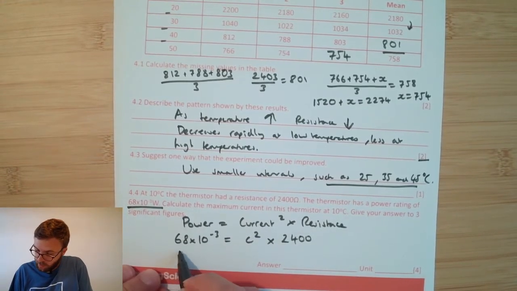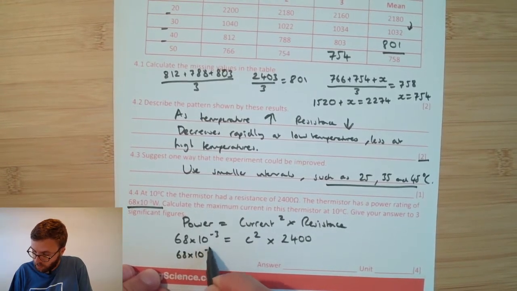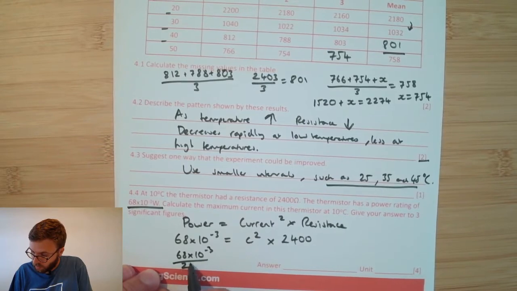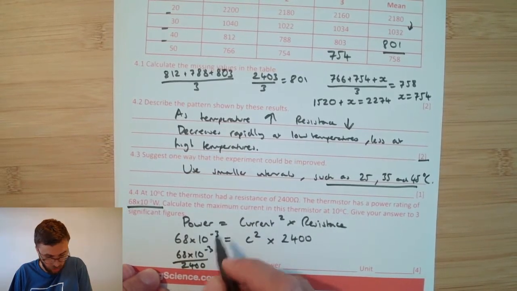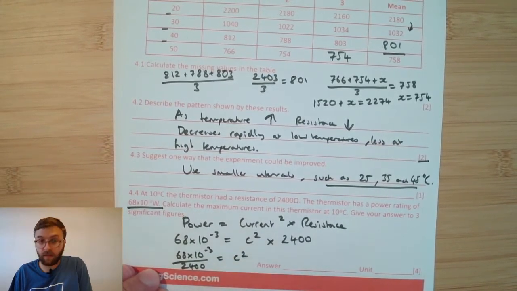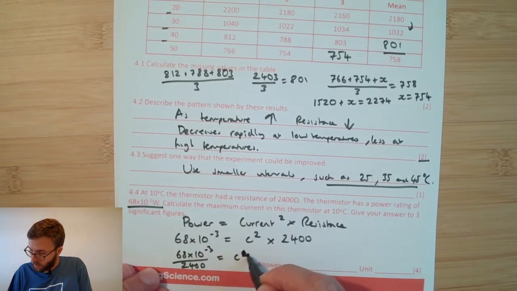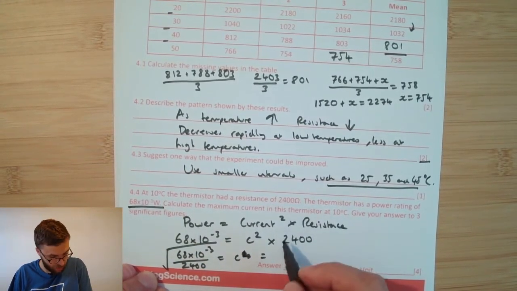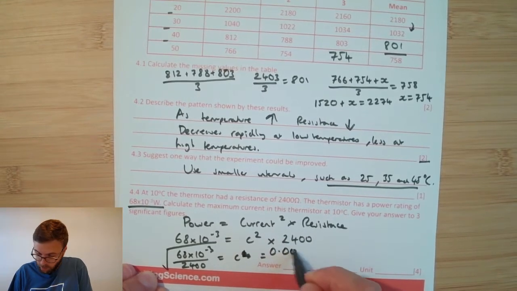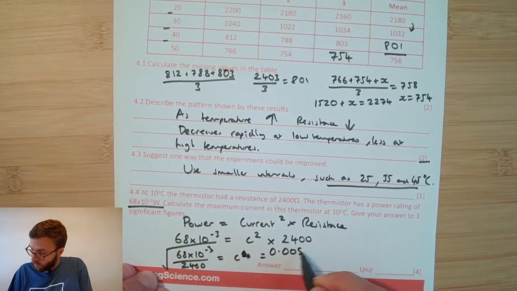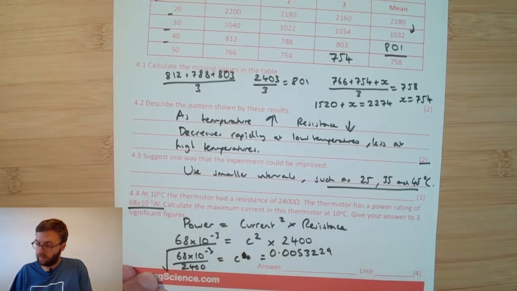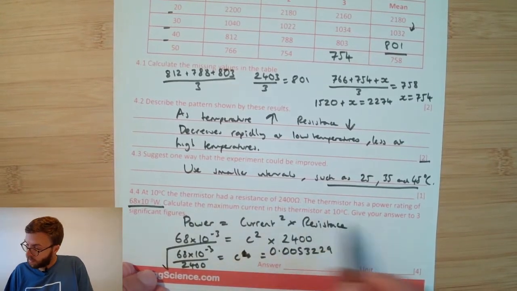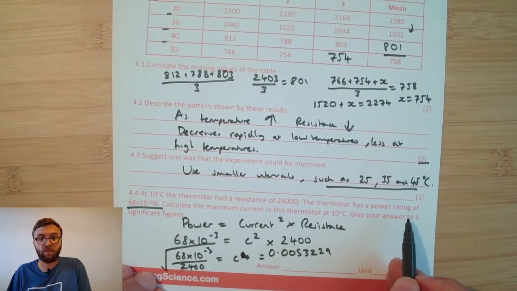So we're going to get 68 times 10 to the minus 3 divided by 2,400 equals C squared. To get rid of the squared, I'm going to square root this side to find out C, and we get 0.0053229.